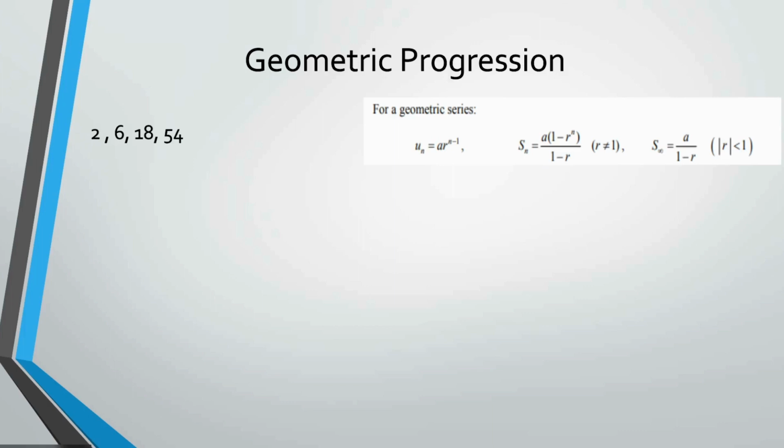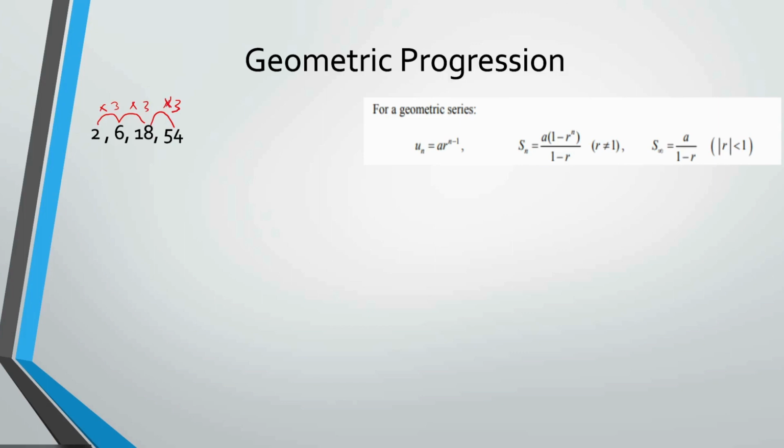As you can see, this is being multiplied by 3, then this is being multiplied by 3, then this is being multiplied by 3. So they all have a certain pattern.